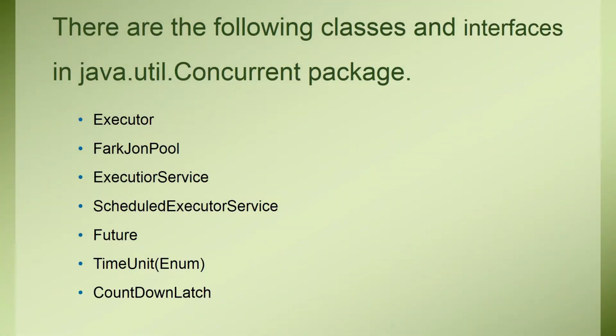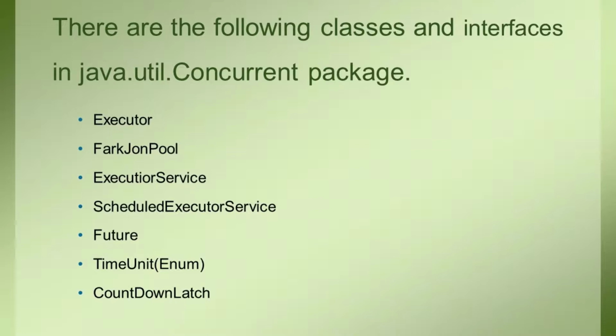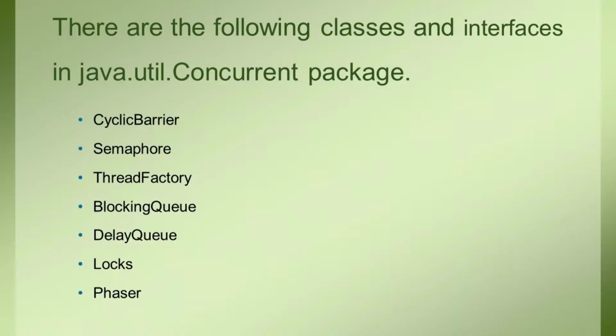There are the following classes and interfaces in the java.util.concurrent package: Executor, Fork Join Pool, Executor Service, Scheduled Executor Service, Future, TimeUnit enum, CountDownLatch, CyclicBarrier, Semaphore, ThreadFactory, BlockingQueue, DelayQueue, Locks, Phaser.